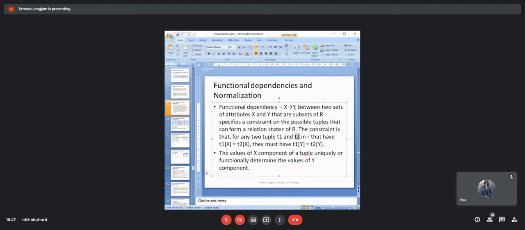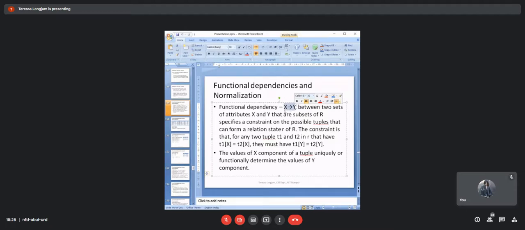In tuple T1 the value of attribute X, and in tuple T2 the value of attribute X, if they are the same, then the value of Y in tuple T1 and the value of Y in tuple T2 should be the same, if there is a dependency between X and Y. You can say Y depends on X, or Y can be determined from X.